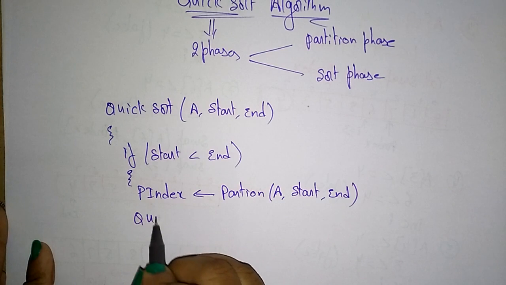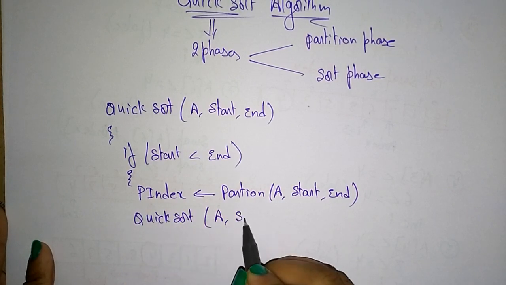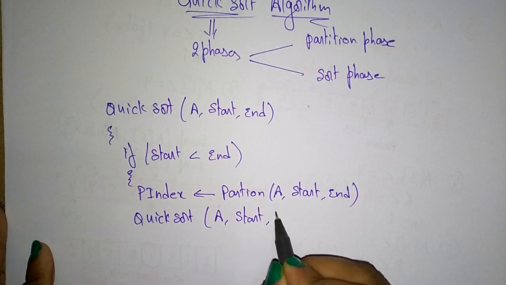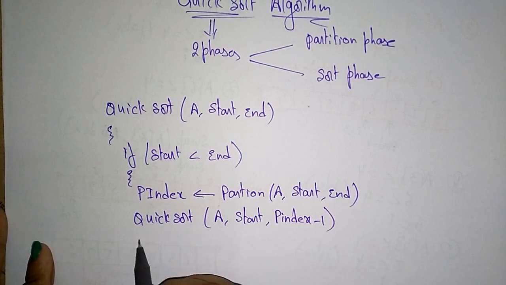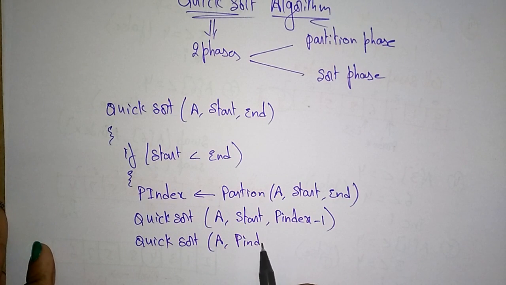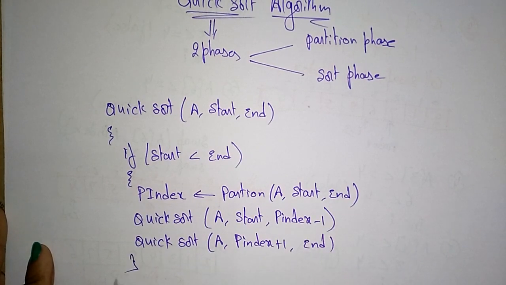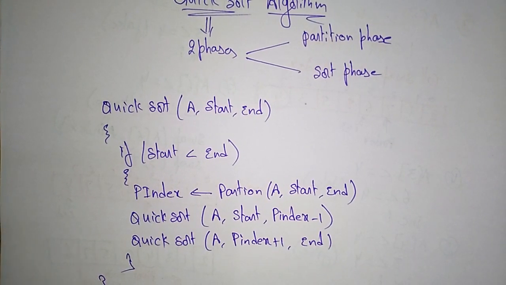Now quicksort A comma start comma p index -1, again quicksort A comma p index +1 comma end, close the if condition and the quicksort. So this is the algorithm for sorting, this is the sorting phase, the quicksort algorithm.